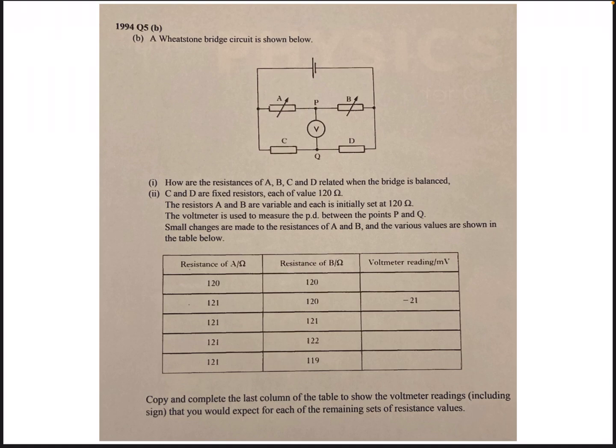So you're just looking at what the difference is between them at each point. So if it's the same difference, it's going to be the same voltmeter reading. But think about whether it's negative or positive. Okay. If the difference is 2 ohms, what's your voltmeter reading now going to be? And if your difference is 0 ohms, what's your voltmeter reading now going to be? And that's all you have to do. Hopefully that makes sense. It shouldn't actually take you too long to do.